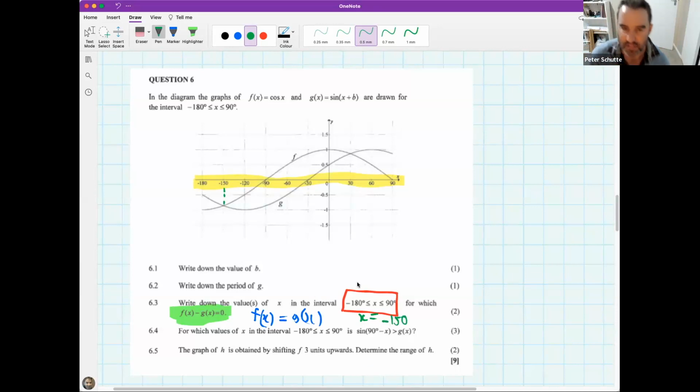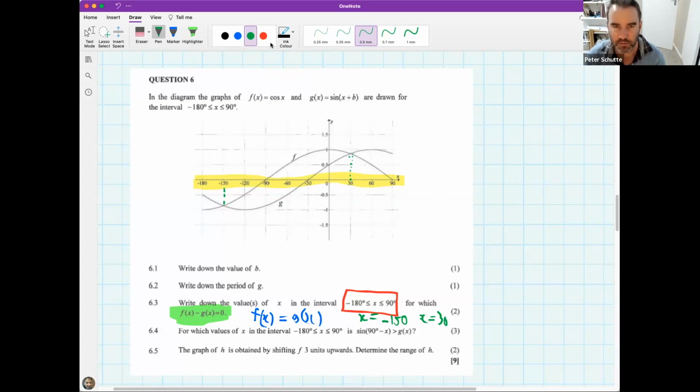Are there any other answers? Okay, the answers are flooding in here. Another answer that's being given is 30. So let me go to 30. And indeed, f does intersect with g at 30. And so another answer here will be x is equal to 30. Yep, that's not so bad. Okay, well done.